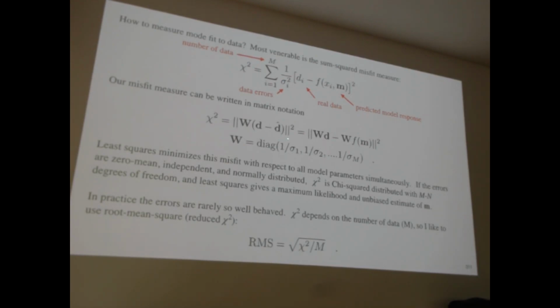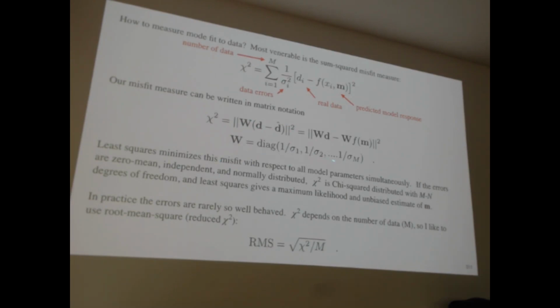In matrix notation, I can write it like this, and this is going to be handy in a moment. D is my vector of data, D hat is my vector of predicted data, and W is a diagonal matrix of 1 over the data errors. And then my sum squared misfit is just the norm of W(D minus D hat), squared.